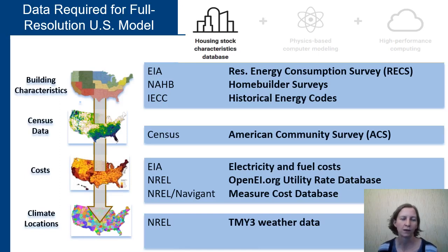So there's basically 4 different types of data that are integrated into the framework. First, ResStock needs to understand building characteristics such as house size and fuel types used, what kind of appliances and technologies are in people's homes.